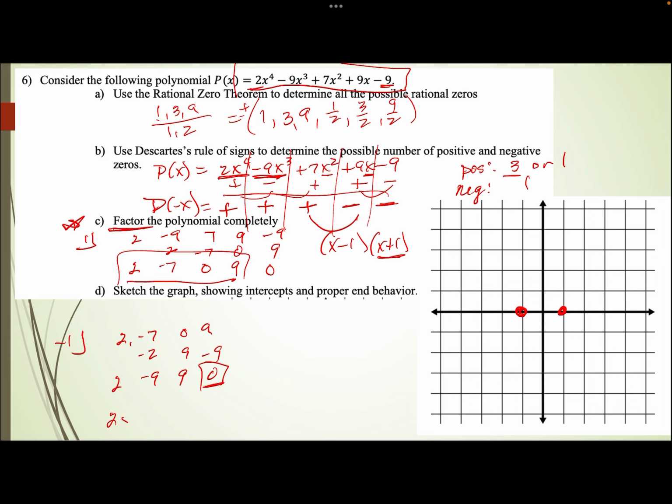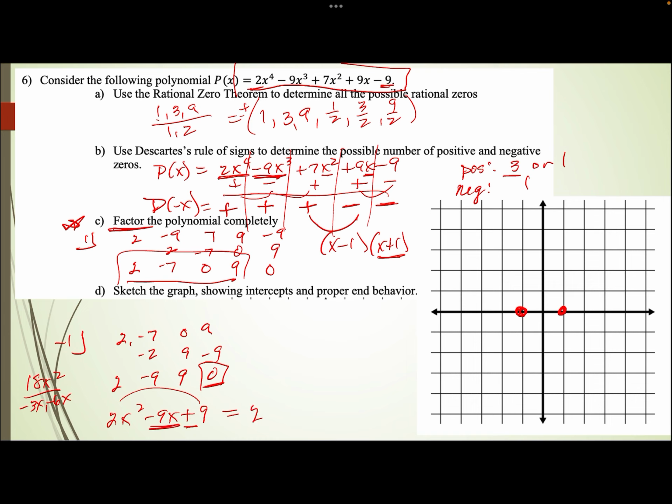So now I have 2x squared minus 9x plus 9 left. So I do factors of 18x squared that add to -9, which is -3x and -6x. Well, I'm going to put the -6x first.